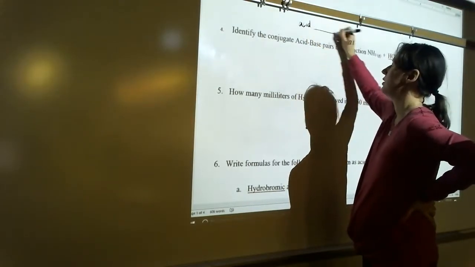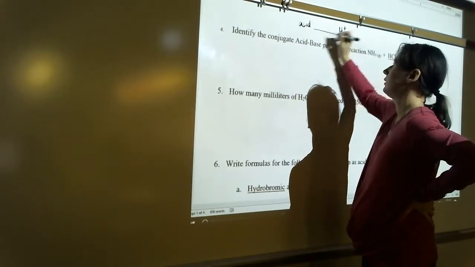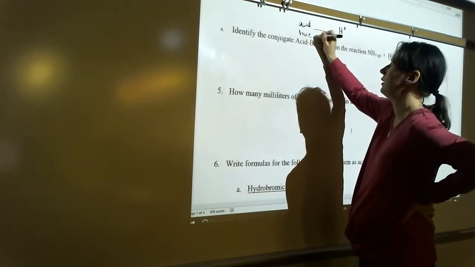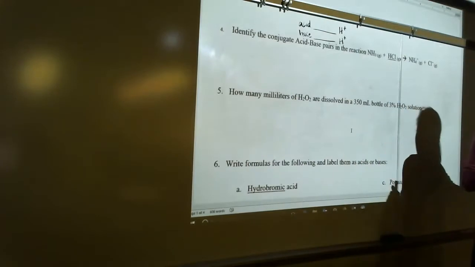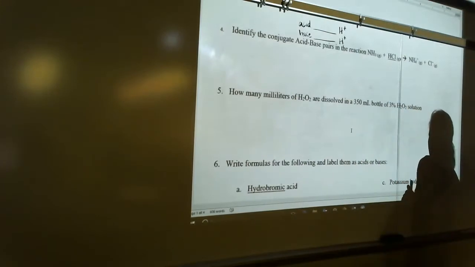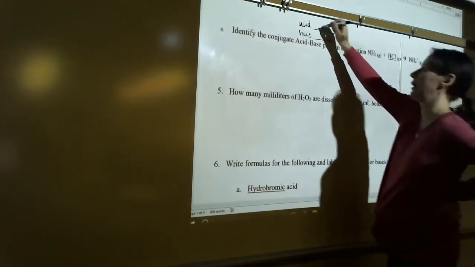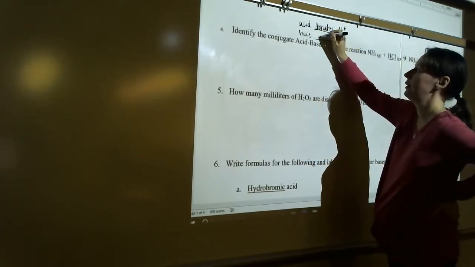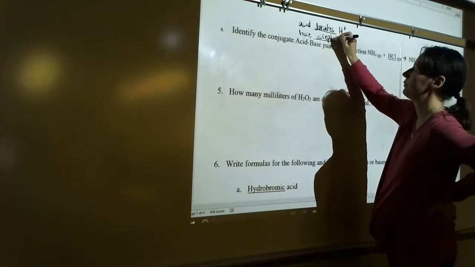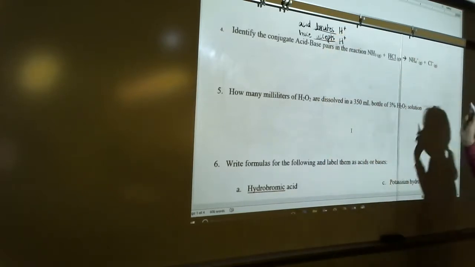Acid does what? Base does what? Is it a donor or an acceptor for an acid? It donates, right? Acid donates, and base accepts. All right, so let's look before to after.